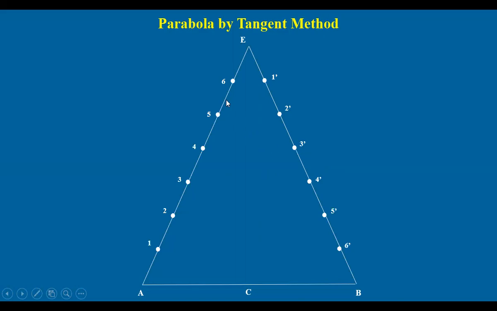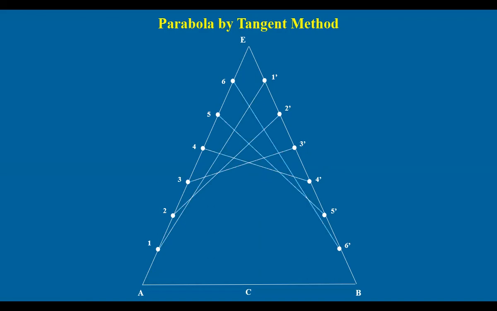The same number of points obtained on the left side are obtained on the right side also. Now let's join 1 with 1 dash, 2 with 2 dash, 3 with 3 dash, 4 with 4 dash, and 5 with 5 dash. All the points are joined.